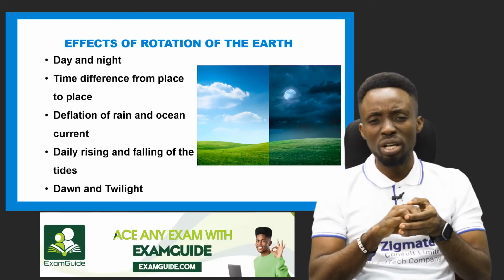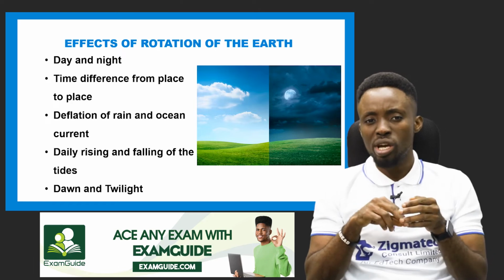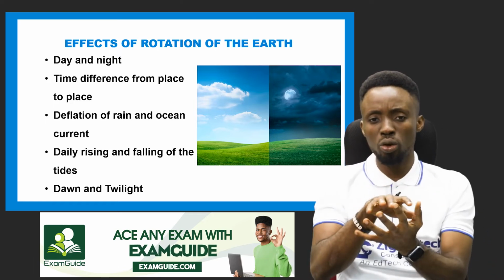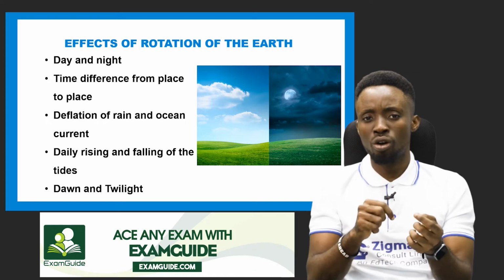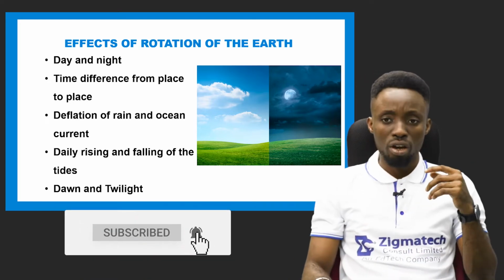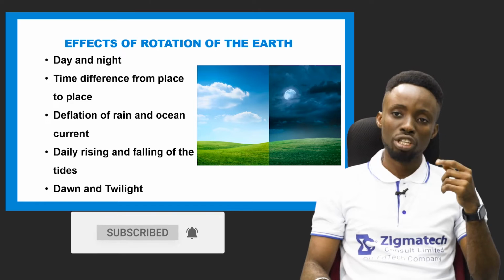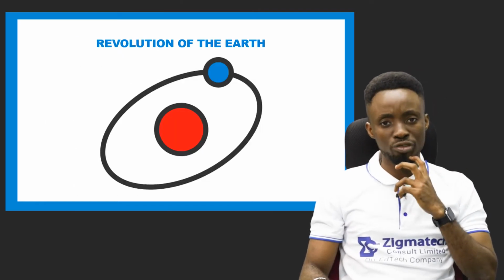Now, this effect is actually caused by the Earth's rotation, when the Earth is slowly rotating away from darkness to light or from light to darkness. And these are some of the effects we have from the rotation of the Earth. So let's look at the next movement of the Earth.